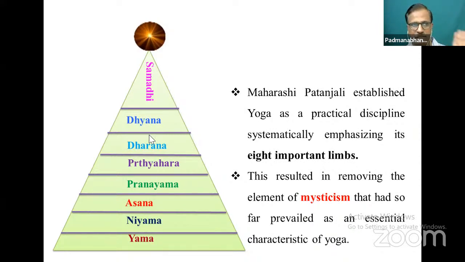You all know these 8 important limbs. And what is the benefit of this? These 8 steps, the systematization of yoga, removed the element of mysticism that had so far prevailed as an essential characteristic of yoga. It is because of the great contribution of Patanjali that the mysticism was removed.